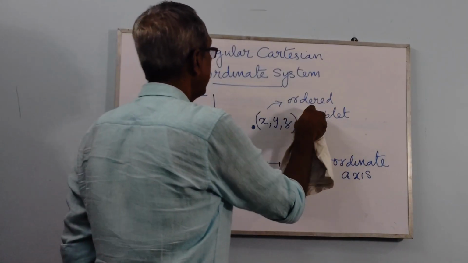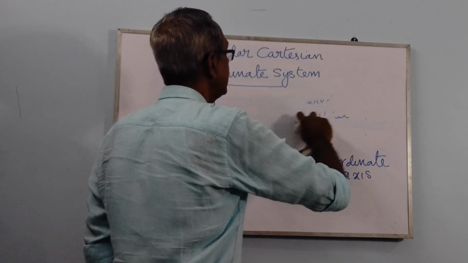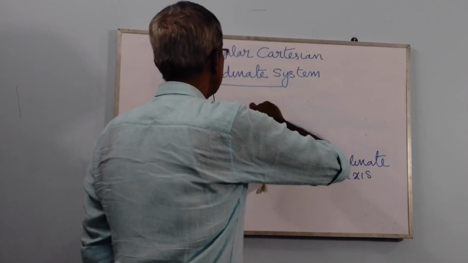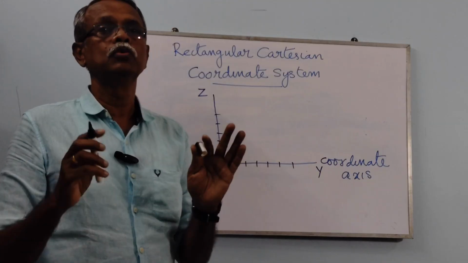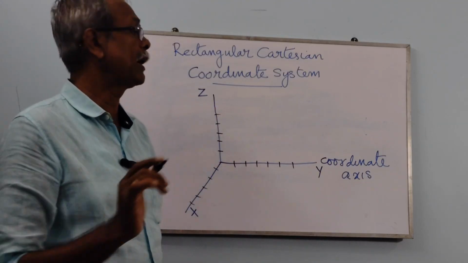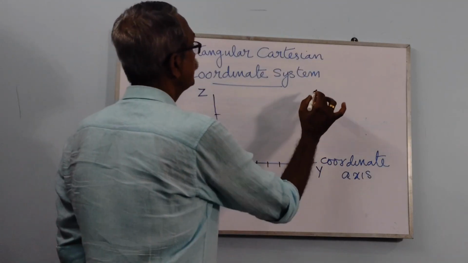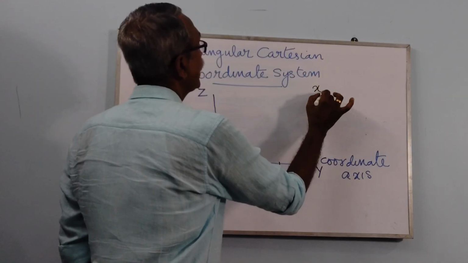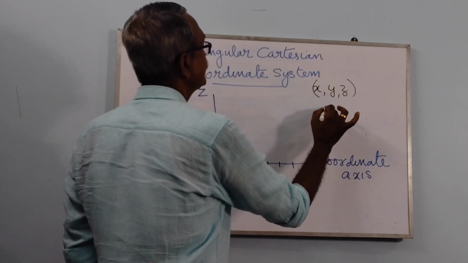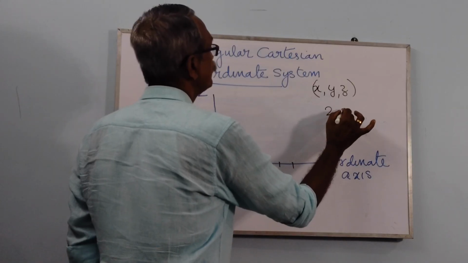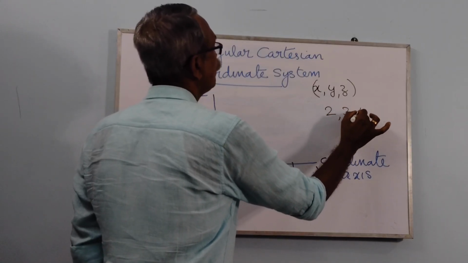So these three coordinates form the ordered triplet, and we will see how to represent that. That is the first task we have to do to fix the position of a particle. So suppose I have x, y, z as 2, 3, 4.